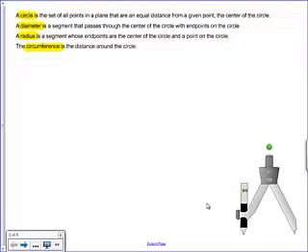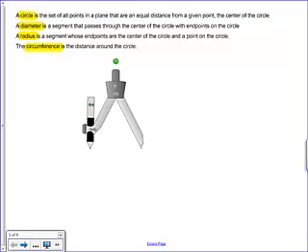Okay, let's take a look at what pi really means and what it means to a circle. So let's start off with a circle is a set of all points in a plane that are an equal distance from a given point, the center of the circle. I know, it sounds like a really complicated idea, but let's just make a circle here to give you an idea of what I'm talking about.